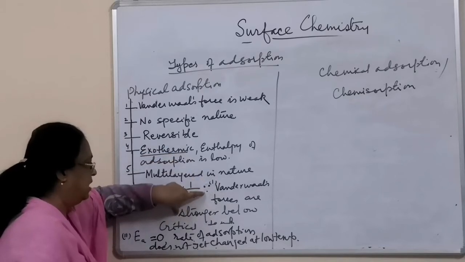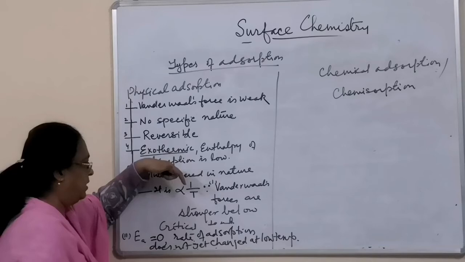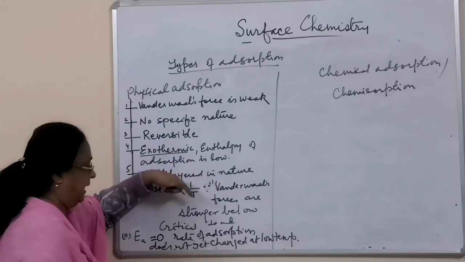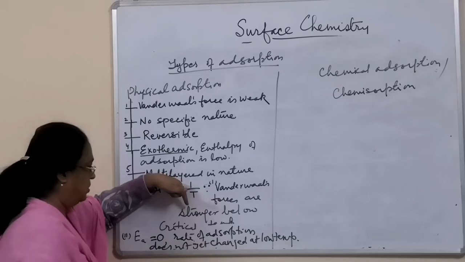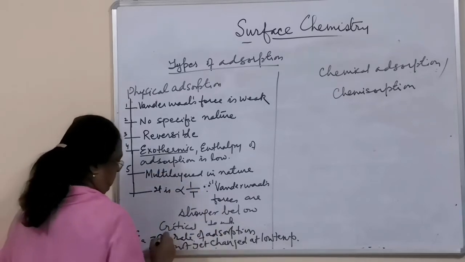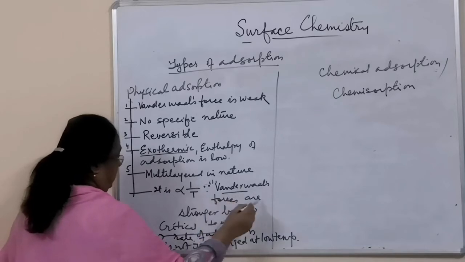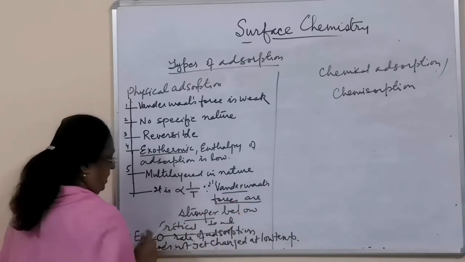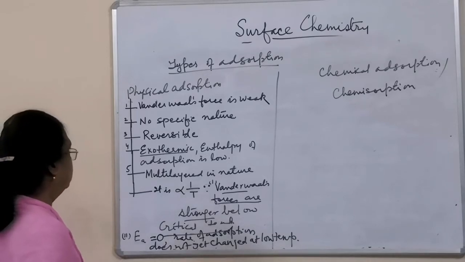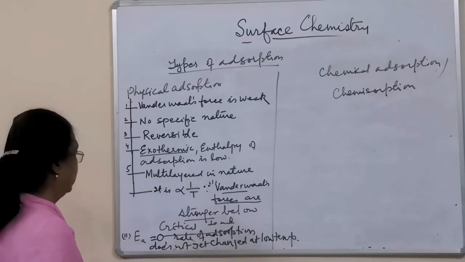These are the two reasons. If temperature goes lower than the critical temperature, you have written that below critical temperature, van der Waals forces are becoming stronger. So gases can be liquefied easily, and so they can be adsorbed easily.